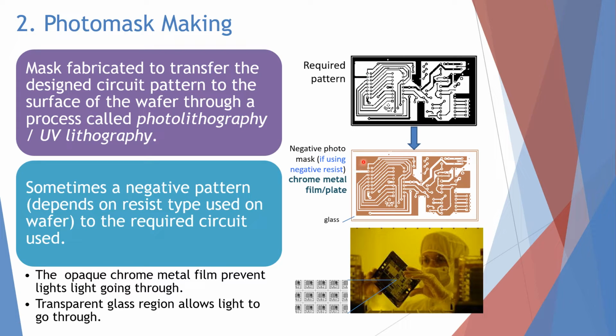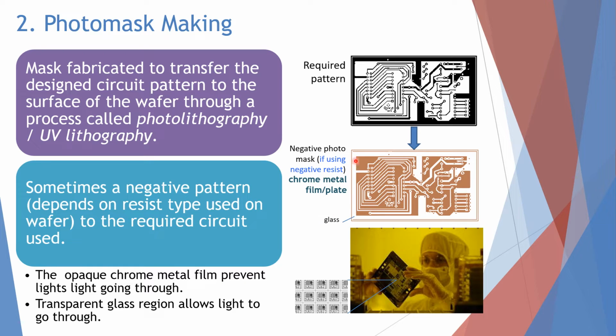The other parts that we don't want to be the circuit will be covered with the chrome metal film, so that when we transfer the circuit to the IC, this area will not be printed. It will block the light, and the light will only print the circuit on the IC. The transparent glass region allows light to go through.